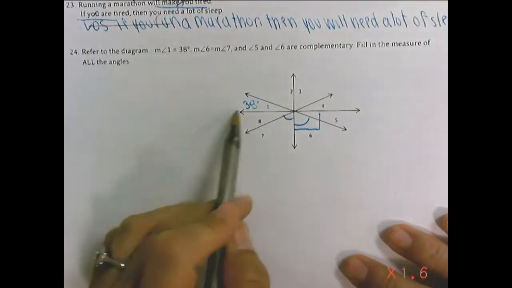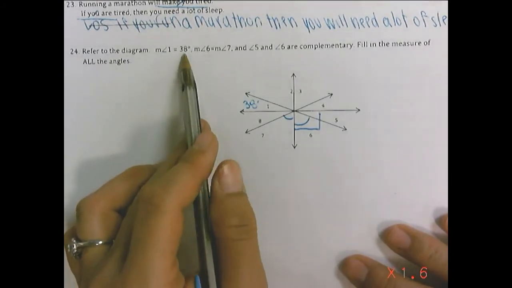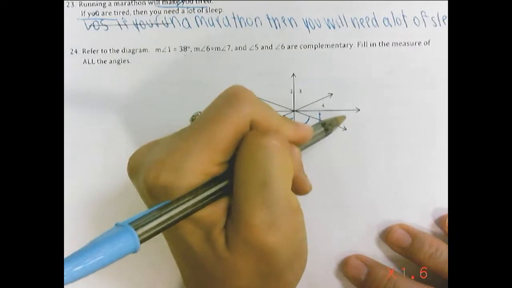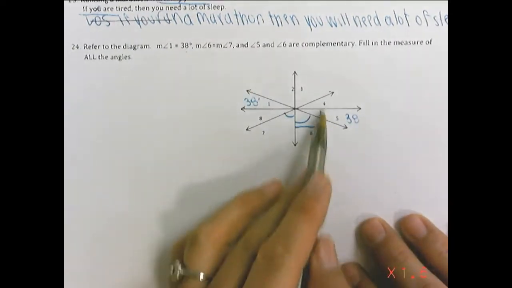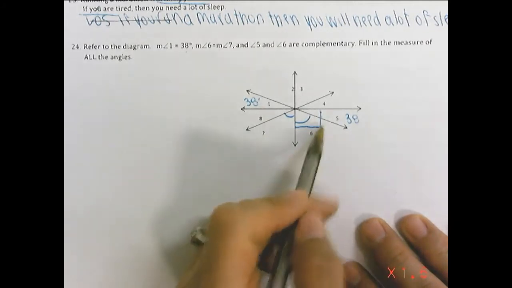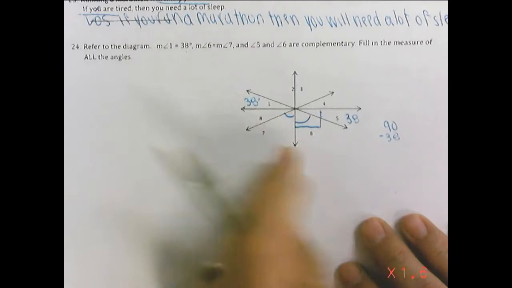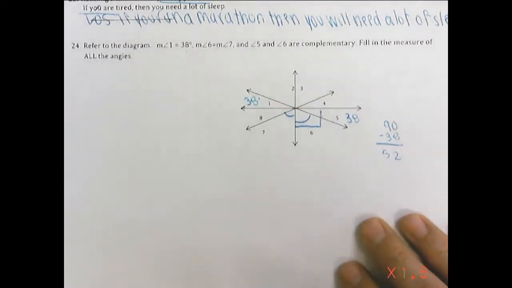Okay, so right here, I'm going to start with angle 1. Well, angle 1 is vertical to angle 5, so I would say that this is 38. And then I know that these two are complementary, so together they have to add up to 90. So I'm going to do 90 minus 38 to get number 6, and that will give me 52.